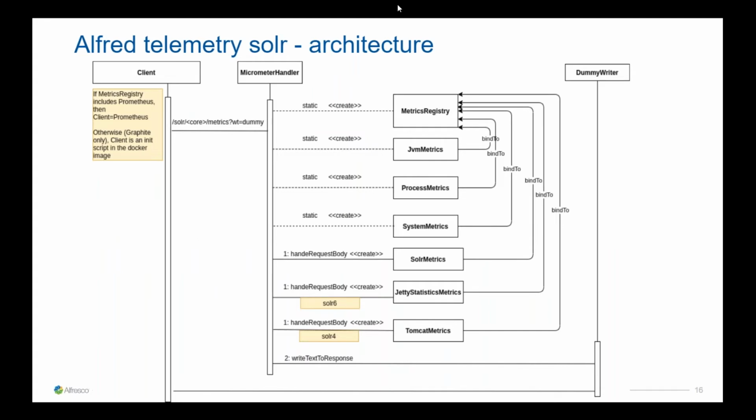Now a few words about the architecture. In a system using Micrometer, there are a number of objects which need to be created statically. First is the registry, which can be a composite registry and include multiple registries such as Prometheus or Graphite. Currently, only these two are implemented for the Alfred Telemetry Solr part.